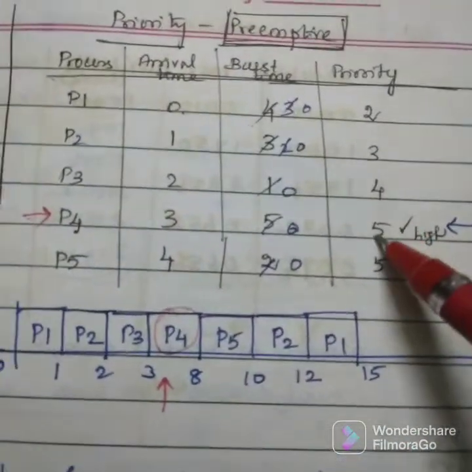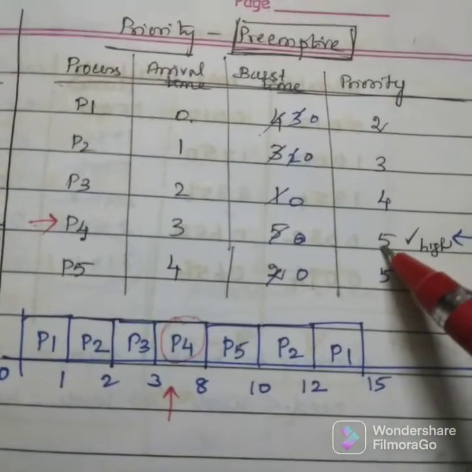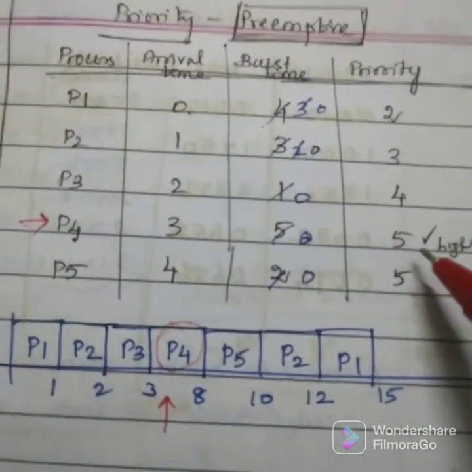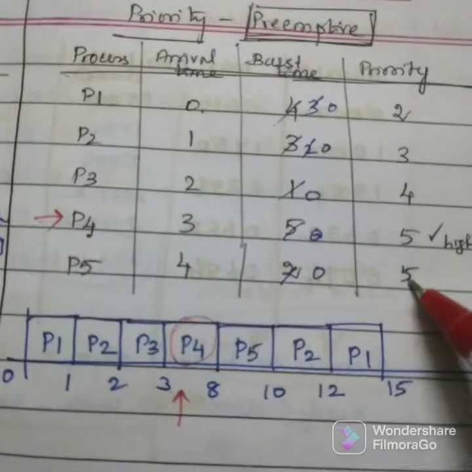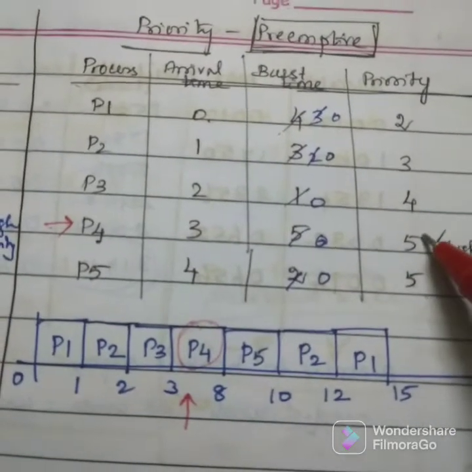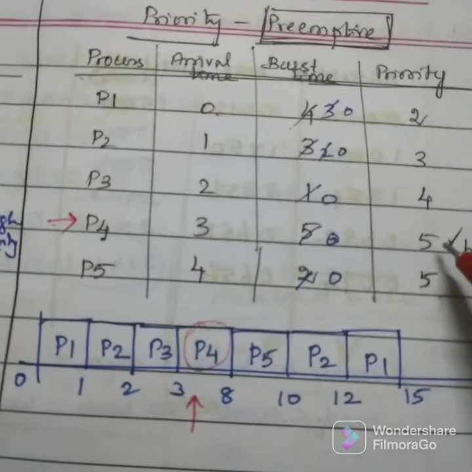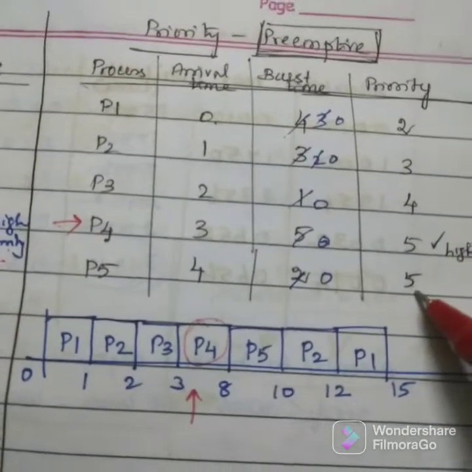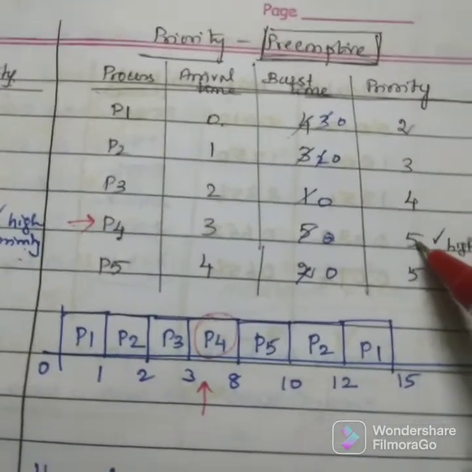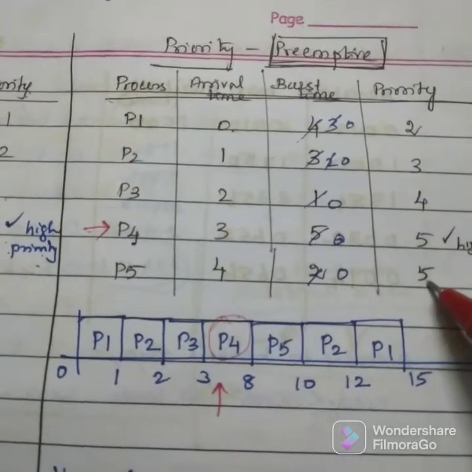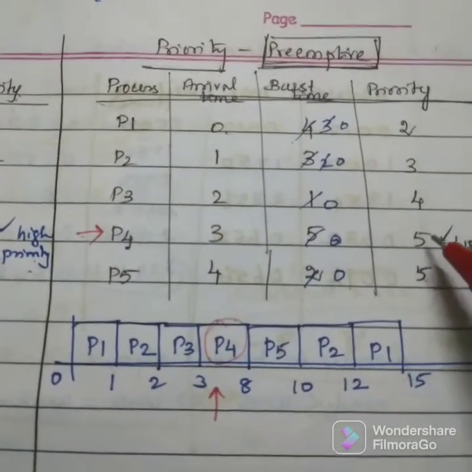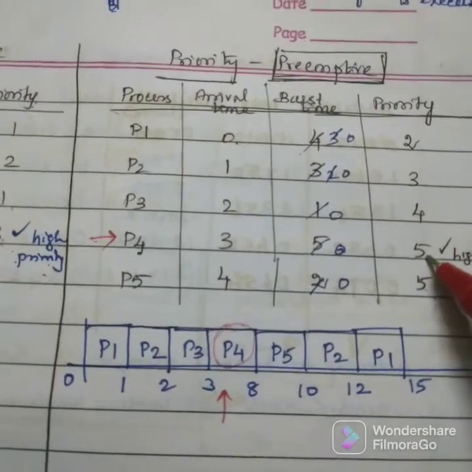The highest number will be the highest priority. So here 2 has the highest priority. And if the same number comes, processes with the same priority are executed on first come first served basis. So we have to take this one first, then this.